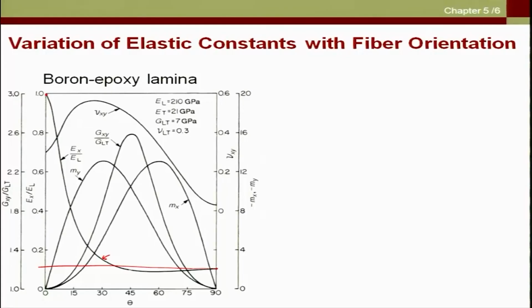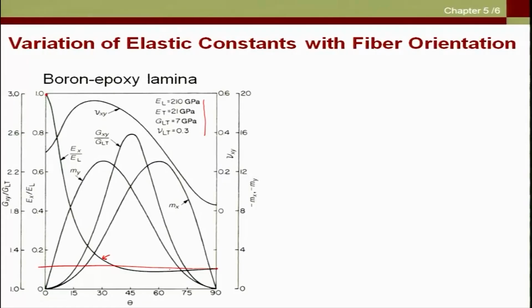Okay. So, for boron epoxy, because these material properties EL, ET, GLT, nu LT are like this, the value of Ex actually goes and becomes less than that of ET at some value of theta which lies between 45 and 60 degrees. Okay. So, this is an important thing.